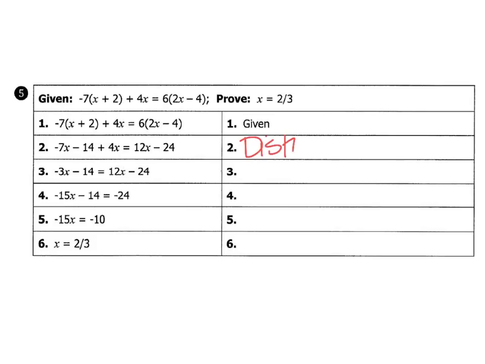All right, so we write out distributive property as our reason number 2. Then, how did we go from line 2 to line 3? If you're analyzing this and looking at what we did, we combined like terms.